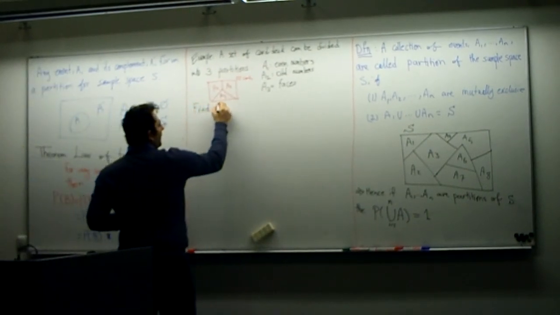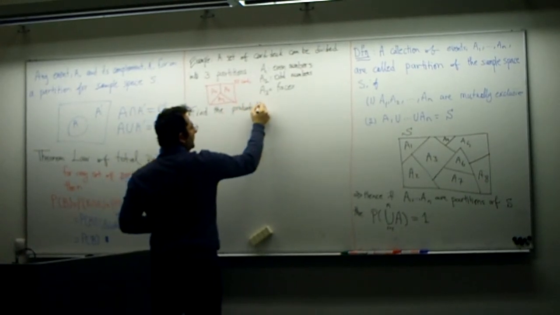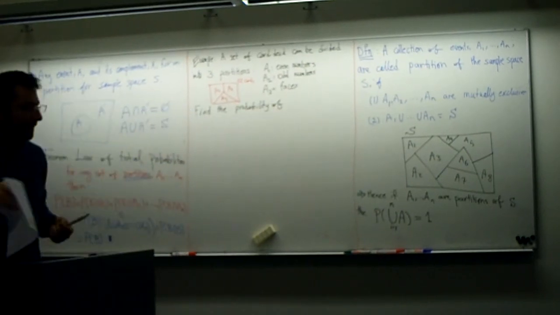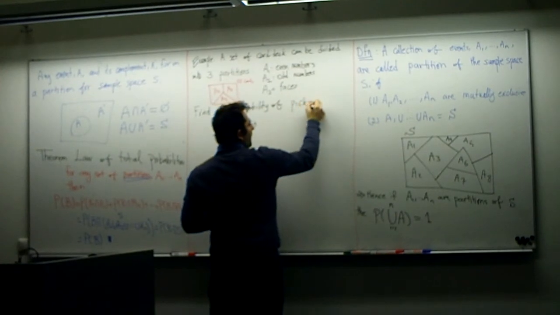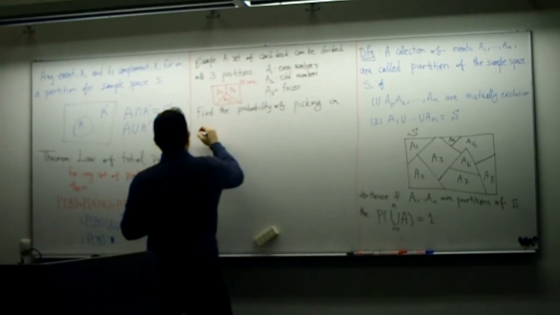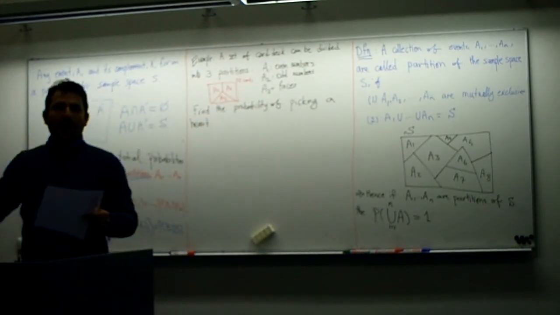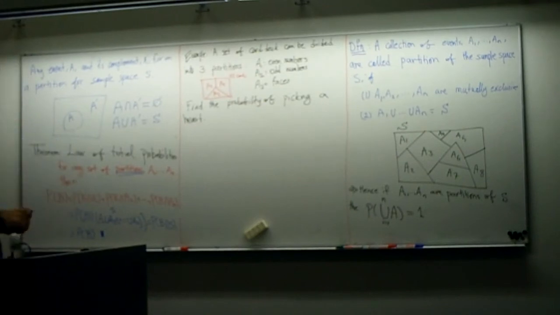So we want to find the probability of picking a card. We want to pick up a card, and we want to see what is the probability of that card being a heart.